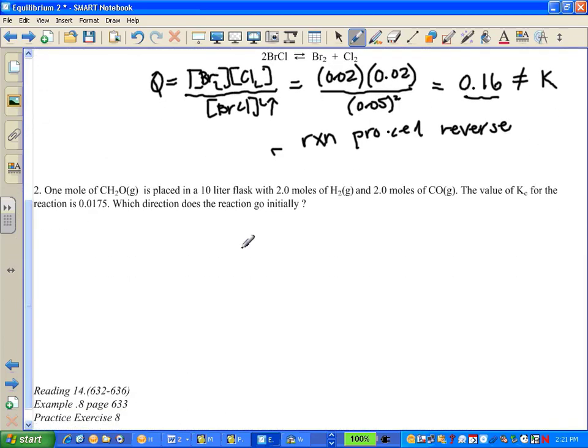What I'd like you to do at this point is to actually try this question. I'll give you the reaction. It's CH2O in equilibrium with CO and H2.